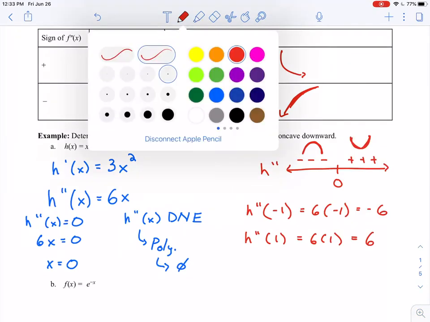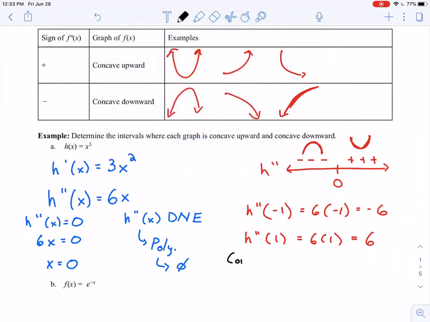So it is concave up from 0 to positive infinity. And then what are the intervals that it's concave downward on? Well, it's concave downward wherever we had a negative second derivative, so on the left-hand side of 0. So it is concave down on negative infinity to 0.